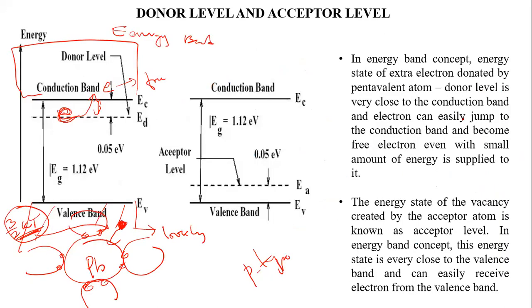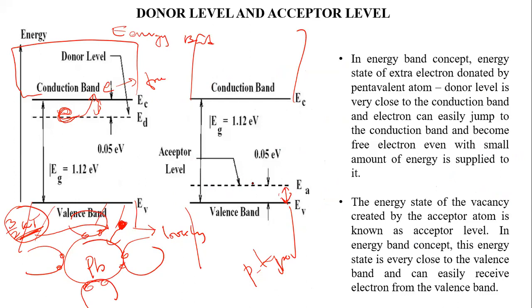So the energy state of the vacancy or the hole created when you insert a trivalent atom, which we call the acceptor level, is very, very close to the valence band here. This is your valence band and this is your conduction band.